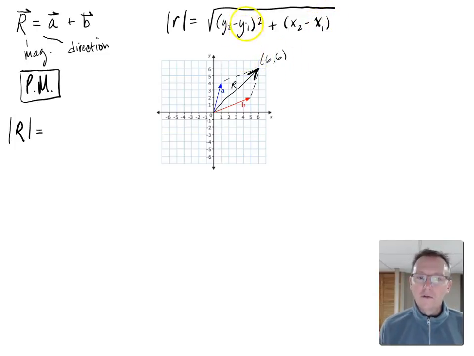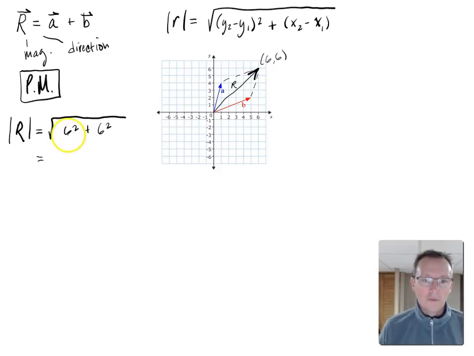For us, our x1 and y1 are both 0, and so they go away. You can see that I have 6, 6 right there. So that's our y2 and our x2. So 6 minus 0 squared plus 6 minus 0 squared. What I end up with is 6 squared plus 6 squared, or the square root of 72, which is 8.5 units.